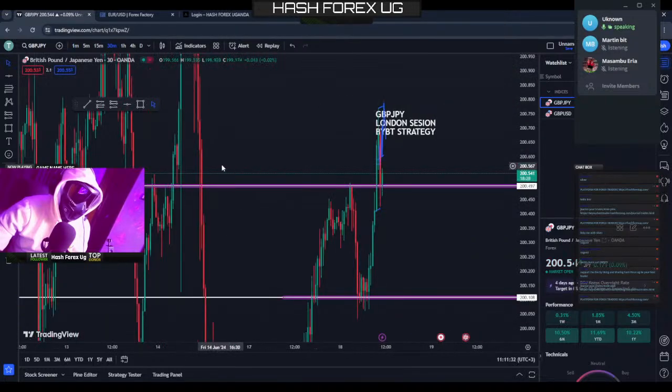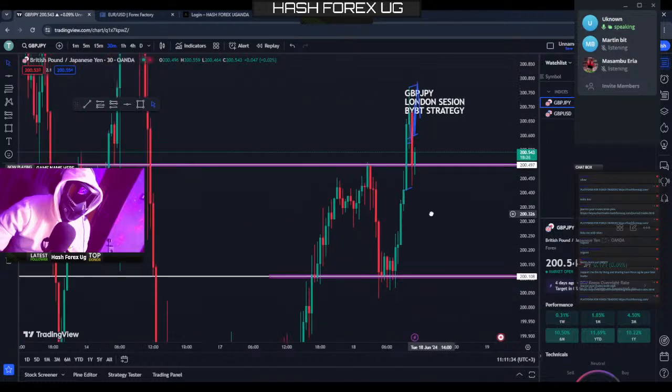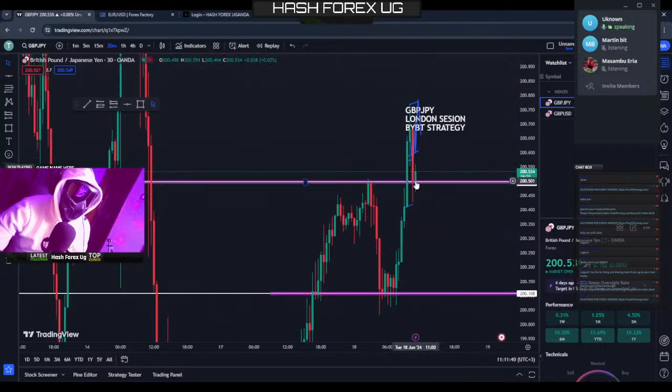So the current 30 minutes candle has 9 minutes to close, and we need it to close above these candles. If it closes above these candles, that shows us that on our time frame of entry, it has made new highs, and you're seeing that it has broken out and is coming back and retesting this zone.